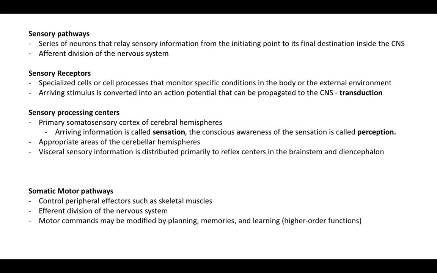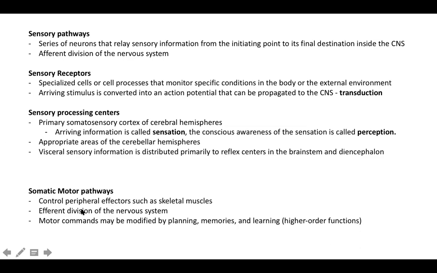We sense that, and we have a sensation when the information arrives in the brain, and then our conscious awareness of that is perception. Okay, so the stimulus gets to our brain, and then we become aware of it and realize what it is, and that conscious awareness is called perception.